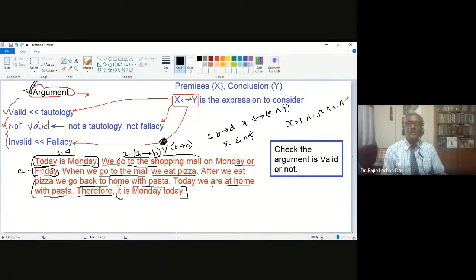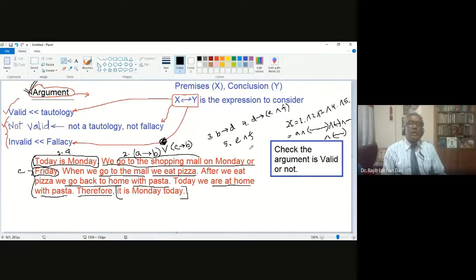All the sentences joined together. So it is actually A, and then a bracket, and then number 2, and then another thing, then 3, and another one 4, and another one 5, like that. So this is your X.